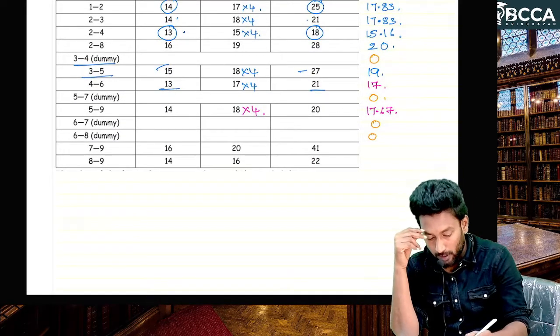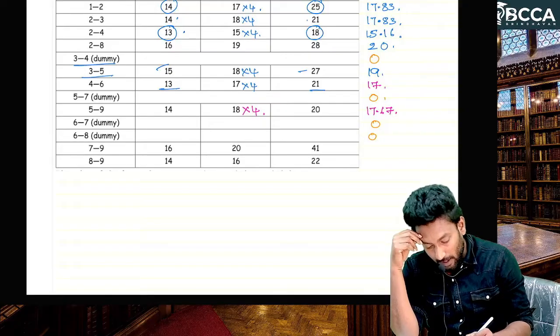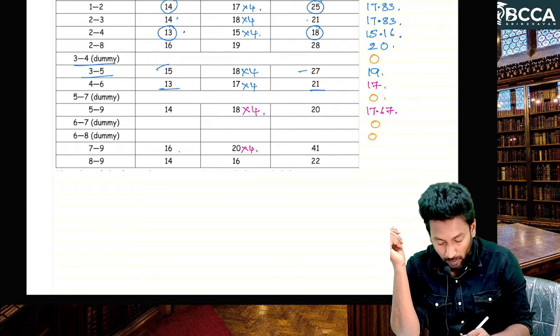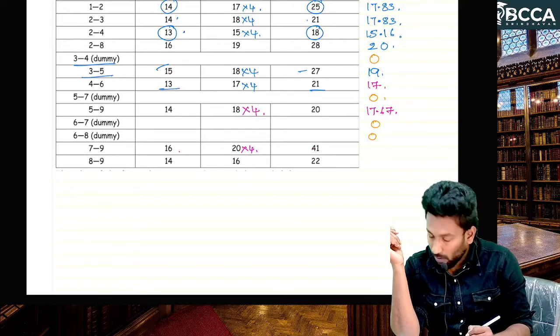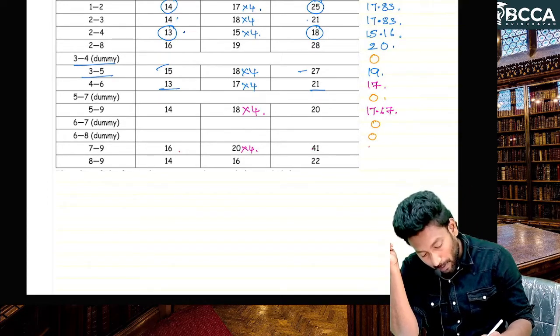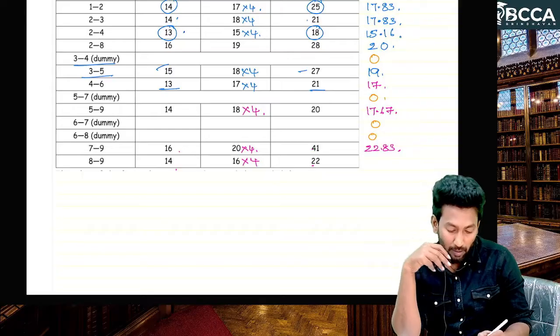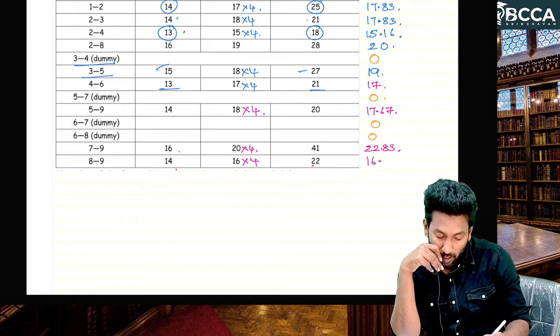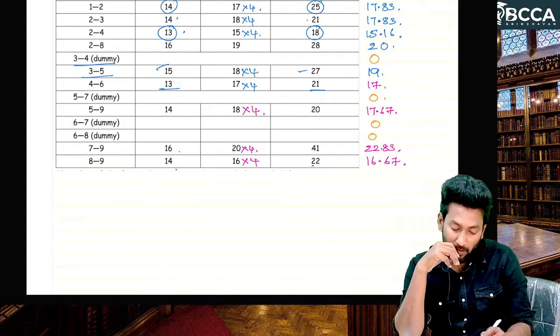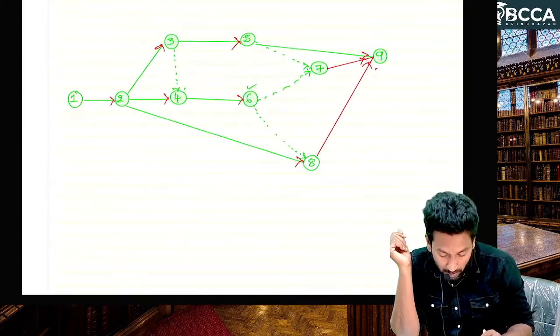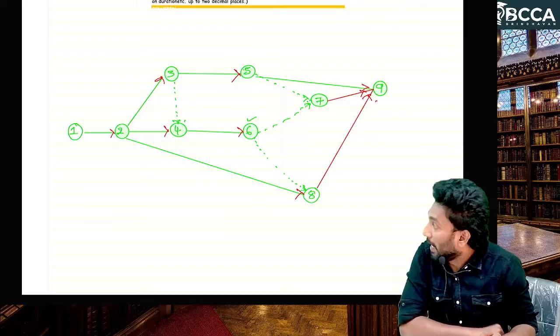Next one, 7 9: 20 into 4 is 80, plus 41 is 121, plus 16, gives 22.83. Then 16 into 4 plus 22 plus 14 gives 16.667. These values we have to write on these activities.